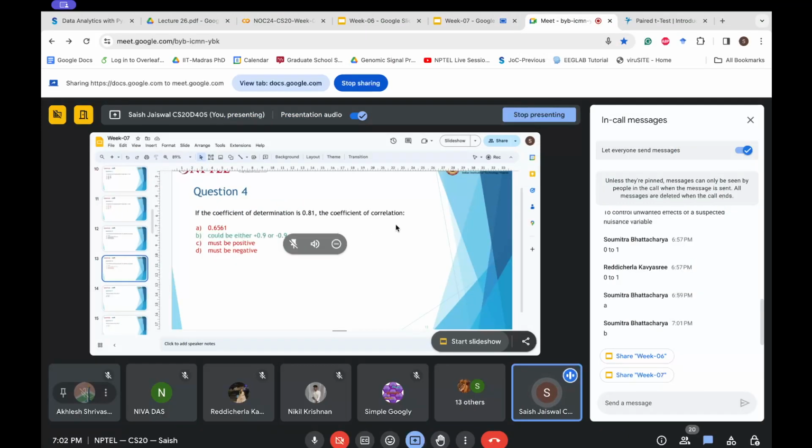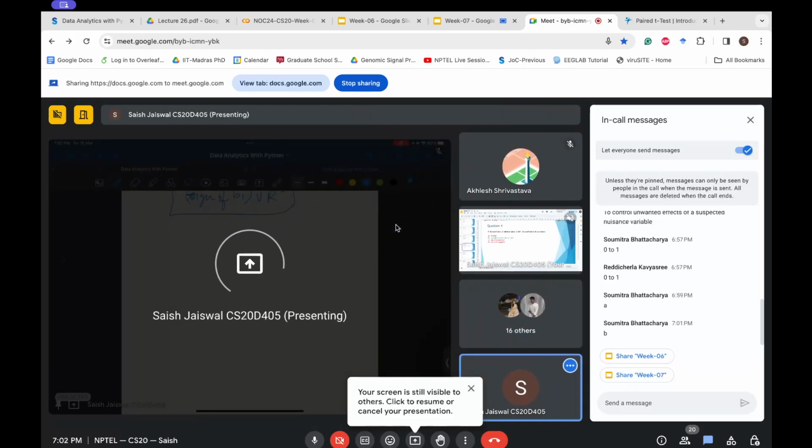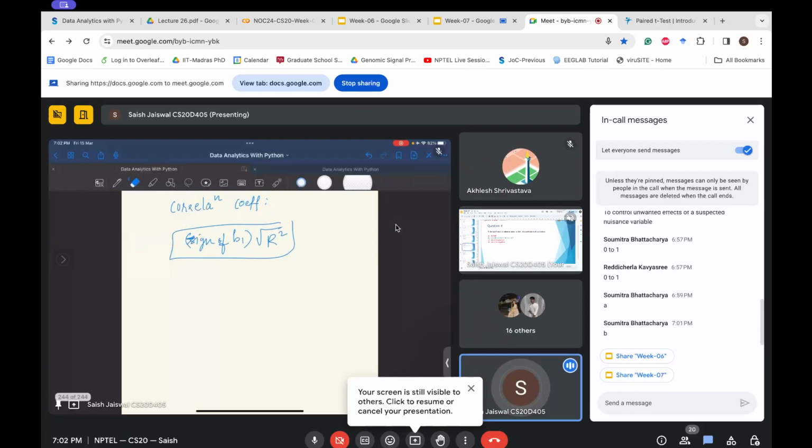correlation coefficient is defined as, okay, let me go back to the iPad. It is defined as sign of b1. So you have this line equation, y equal to b1x plus b0.